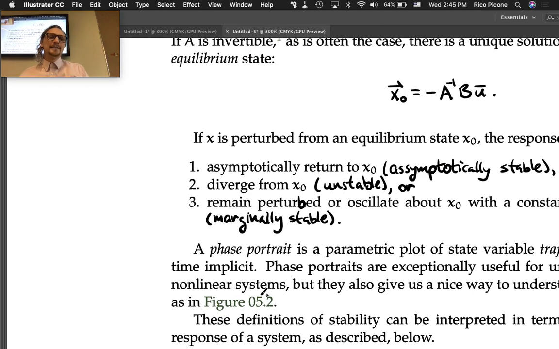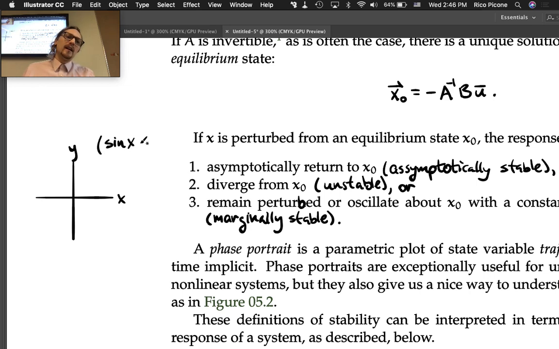If you have x, y coordinates and the points are given as, say, sine t, cosine t, where t is your parameter that you vary, then t would be implicit, and this would just go around and around in a circle.